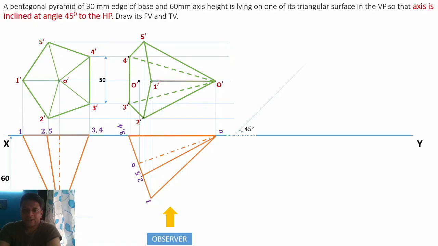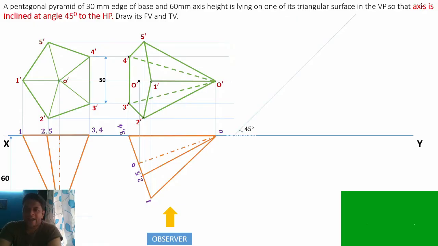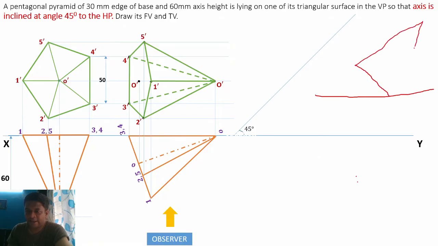Now we'll go to the third stage. For that, they have mentioned that the axis is inclined at 45 degrees to the HP. Consider this is your XY line, and on this line one object is present like this, and its axis makes an angle, say 30 degrees, with the XY line.